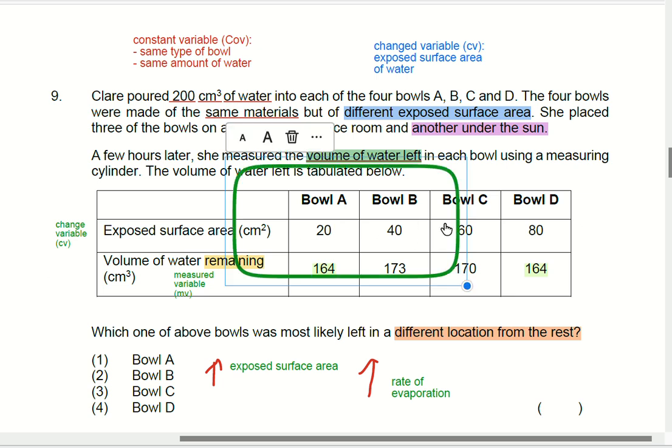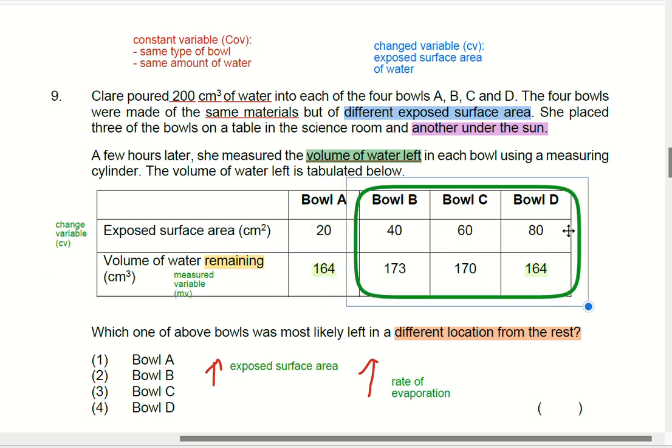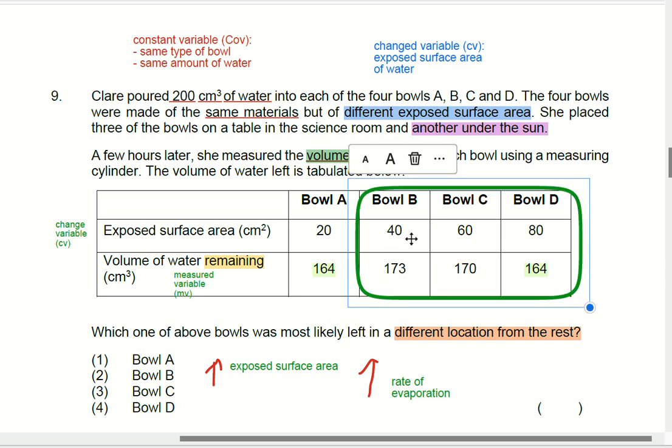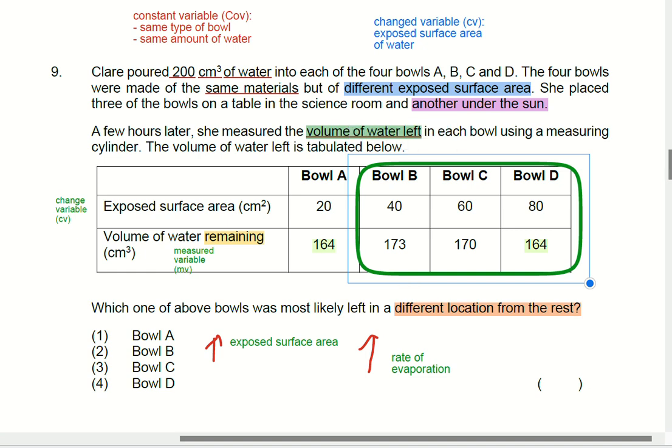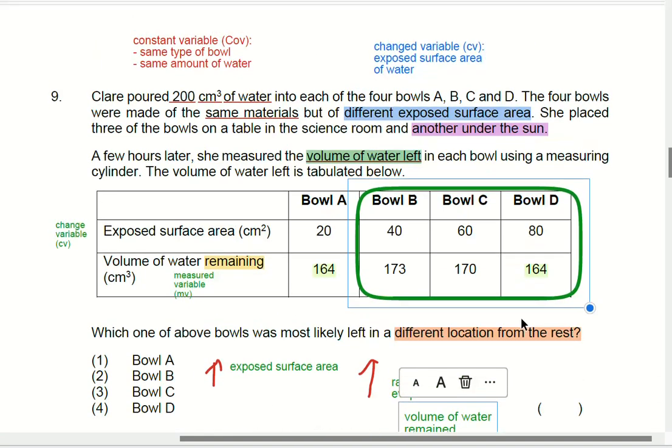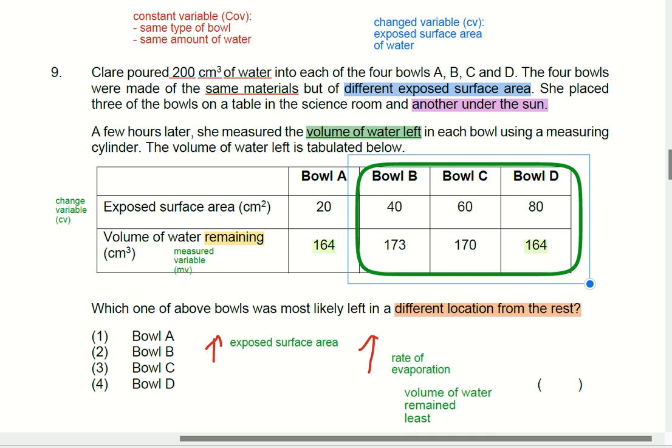Let's take a look at bowls B, C, and D. When the exposed surface area is increasing, the rate of evaporation should be increasing, which means the volume of water left in the end should be decreasing, like here, 173 to 170 to 164. It should be the least amount, this amount.